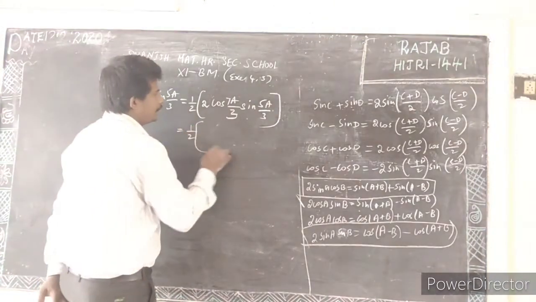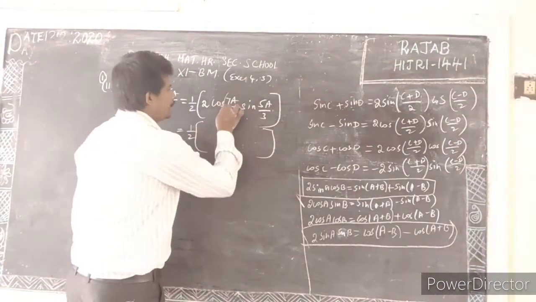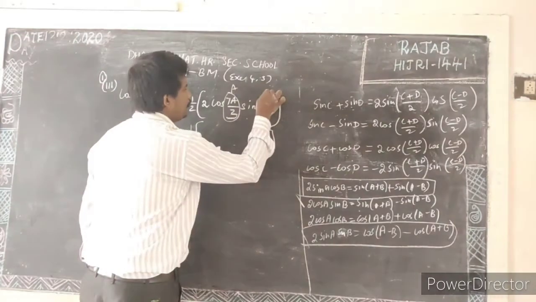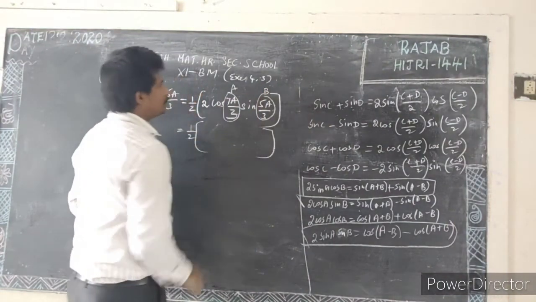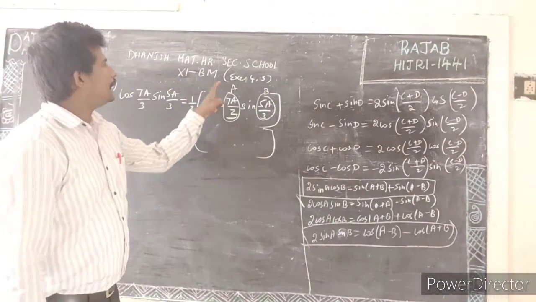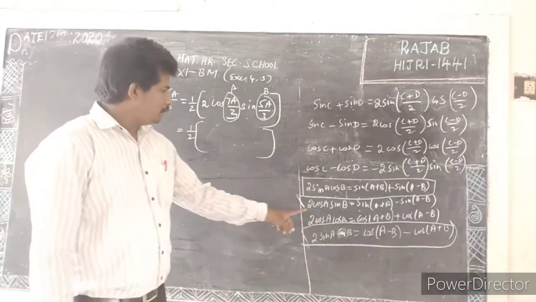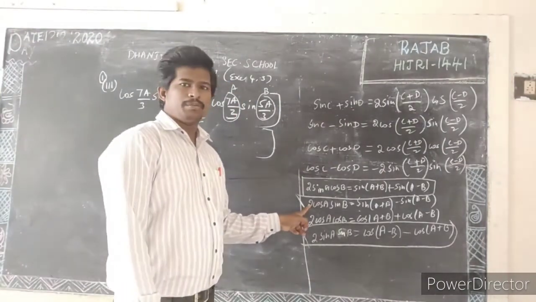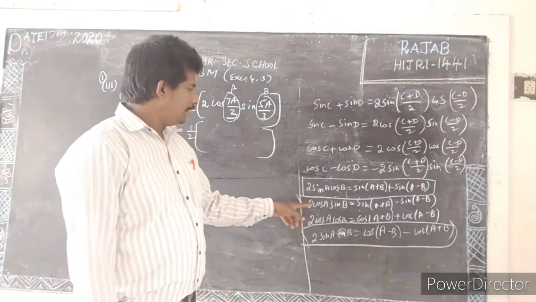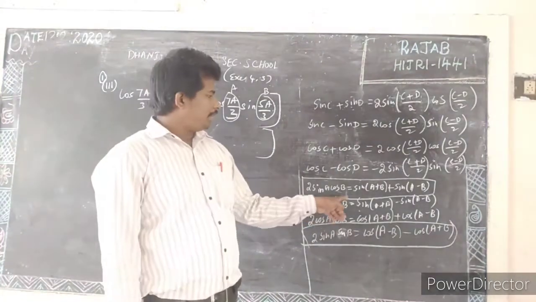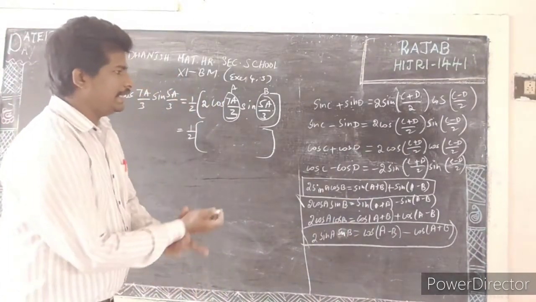1 by 2 into, see here you can take this term as a, this term as b. So this is the form of 2 cos a sin b. Again I am going to use the same formula. 2 cos a sin b equal to sin of a plus b minus sin of a minus b.